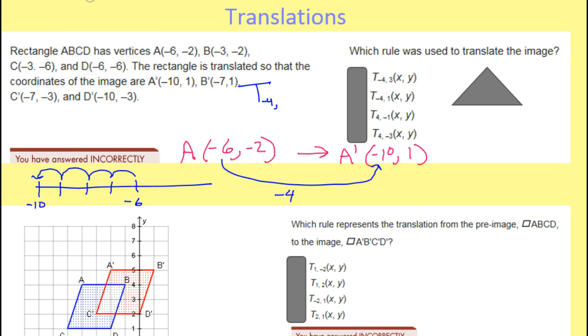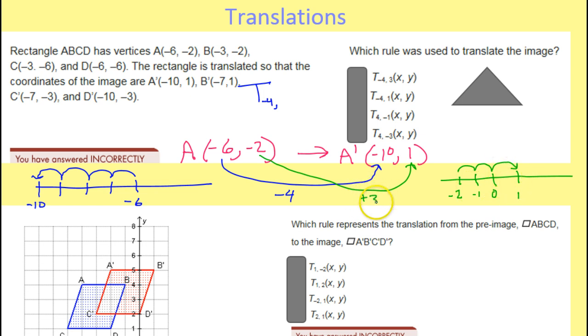Now let's look and see what happened to the y value. The y value went from -2 to +1. Imagine that on a number line. If we have -2, to get to +1, we'd have to go -1, and then 0, and then +1. So we're moving 1, 2, 3 units to the right.